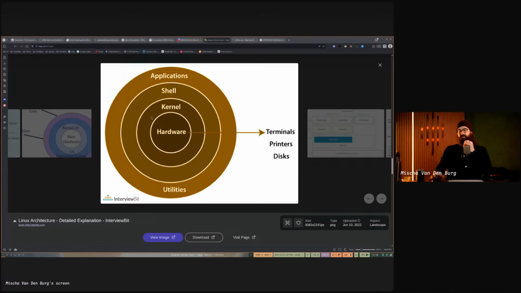Now, in order for me to talk to the kernel, I need another layer, and that layer is called the shell.